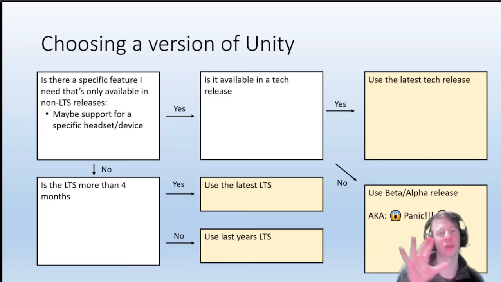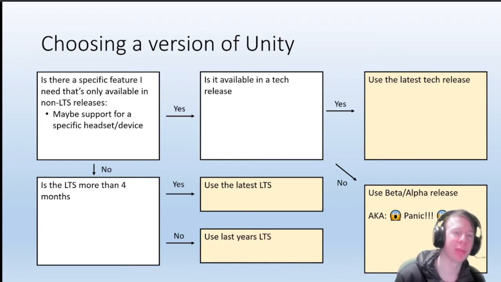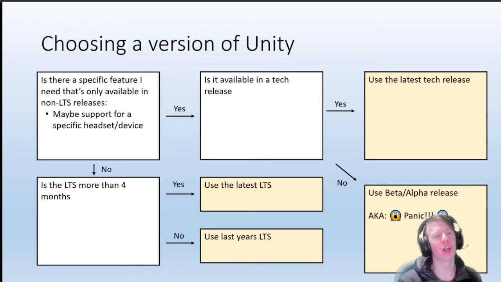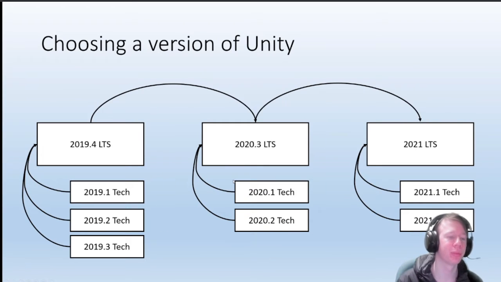They'll project a sort of hologram into it. The Quest has been a platform that's just kept on adding features, and sometimes these features are only available in a tech release, so sometimes you have to use that. But if you can use an LTS version and it's been out for more than 4 months, then I would use the latest LTS version.